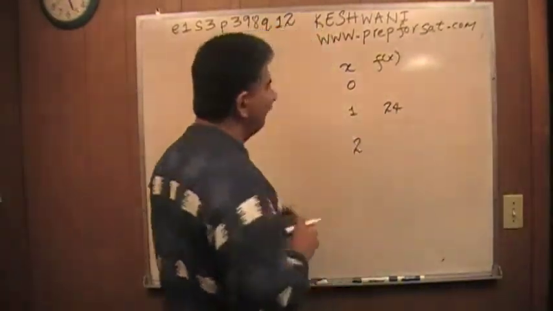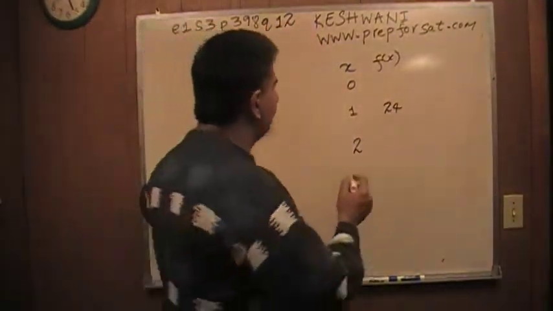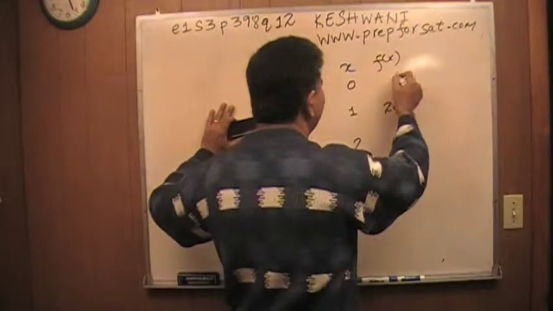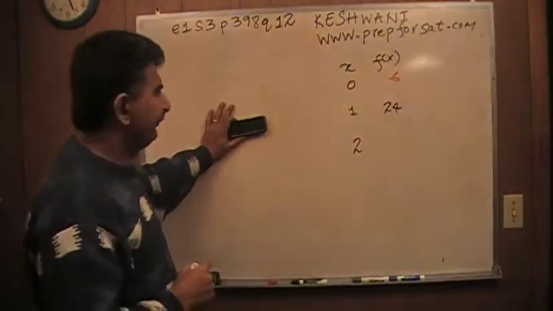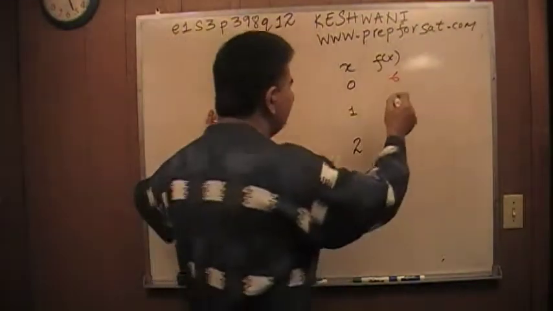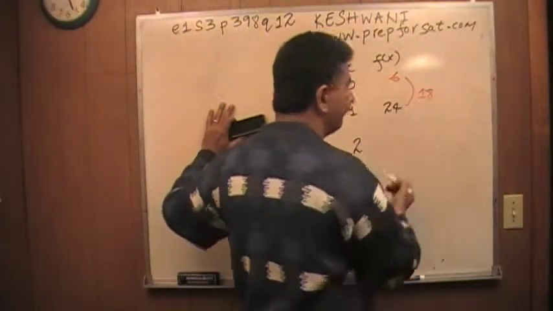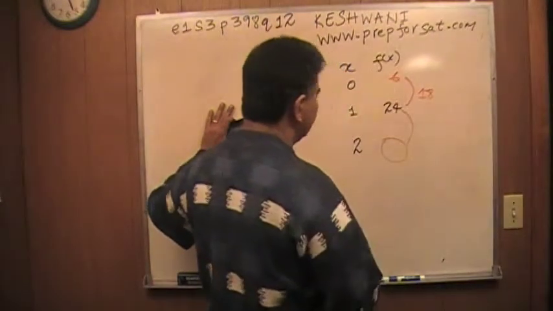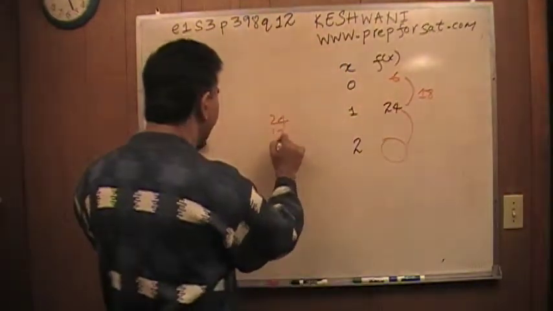What if we started out with just 6? Just make it up. 6. That's an increase of 18. So again, to go to this number, I need an increase of 18. Well, let's see. What is 24 plus 18?